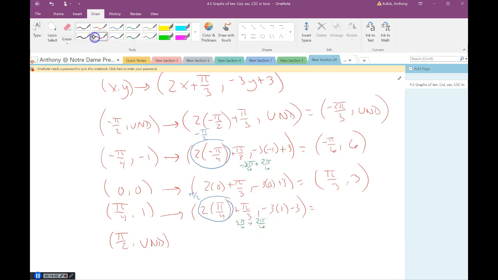So I have 3 pi over 6 plus 2 pi over 6 to give me 5 pi over 6, and then negative 6. And then my last one, 2 times pi over 2 plus pi over 3, and then, oh, that's just undefined.